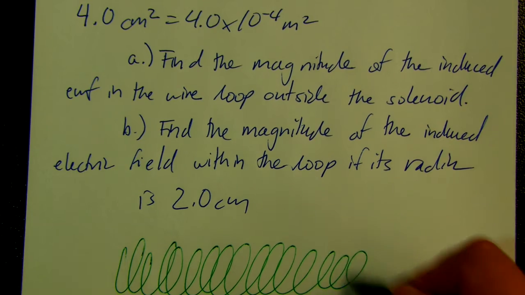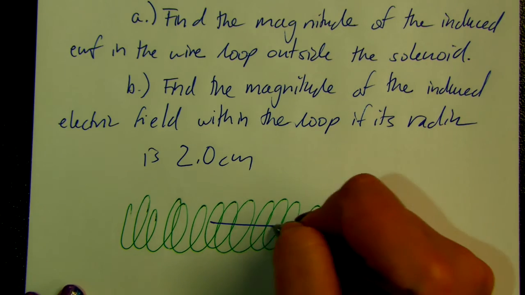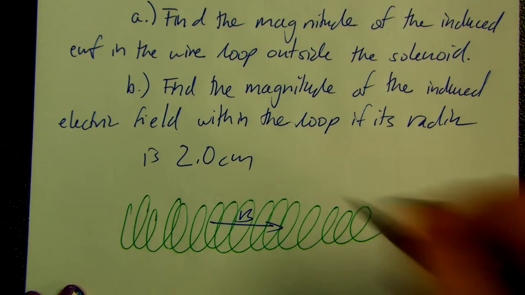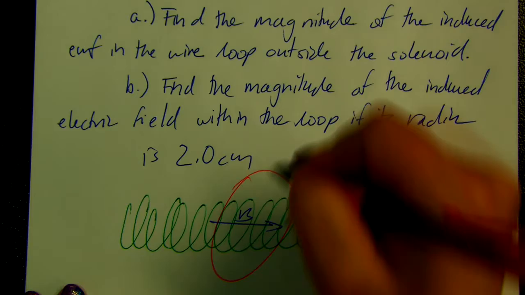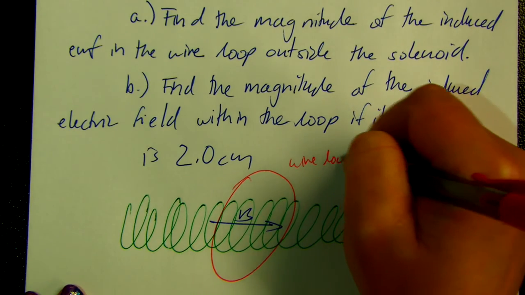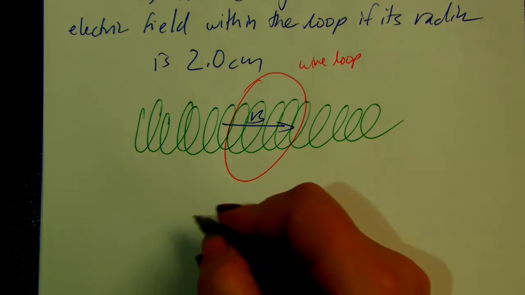So once again, we're dealing with a solenoid. We've got our magnetic field, and we have a wire loop around it for which the changing current is inducing a changing magnetic flux, which is generating EMF.